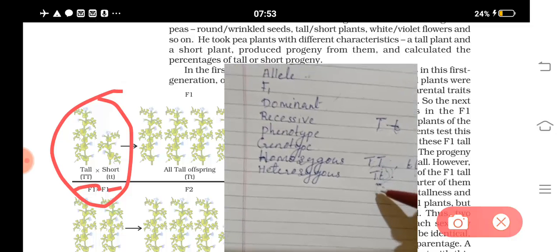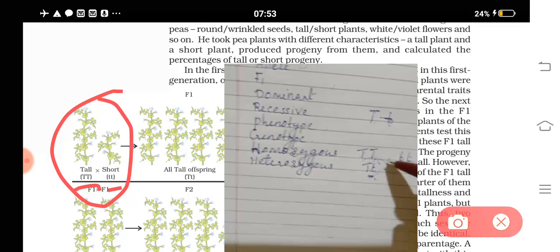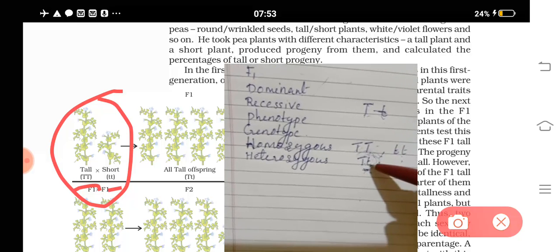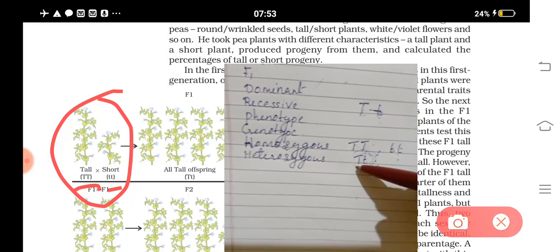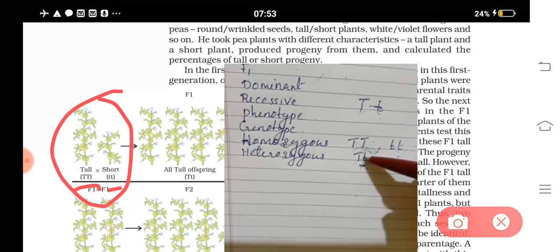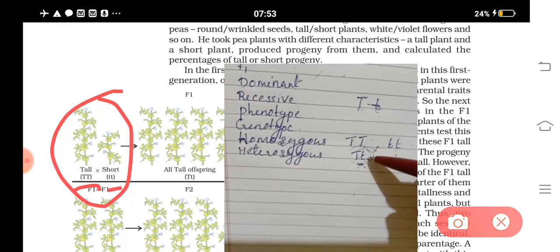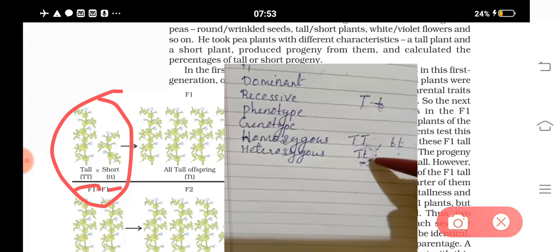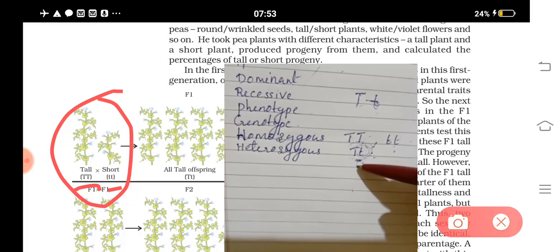Capital T. Then the plant will become tall, because there is one dominant allele. And small t is the allele controlling the character shortness, the plant is short due to small t. But in the heterozygous condition the plant can only become tall.